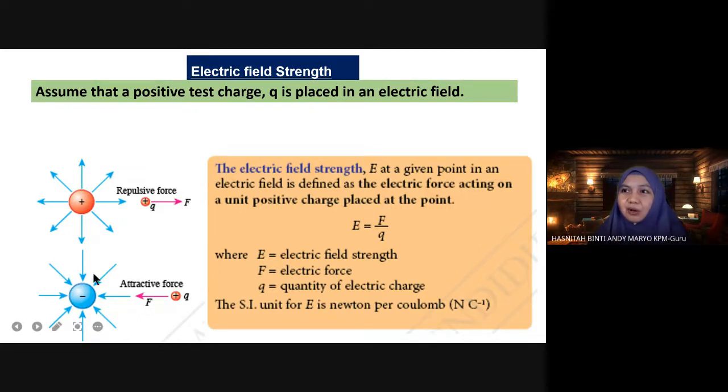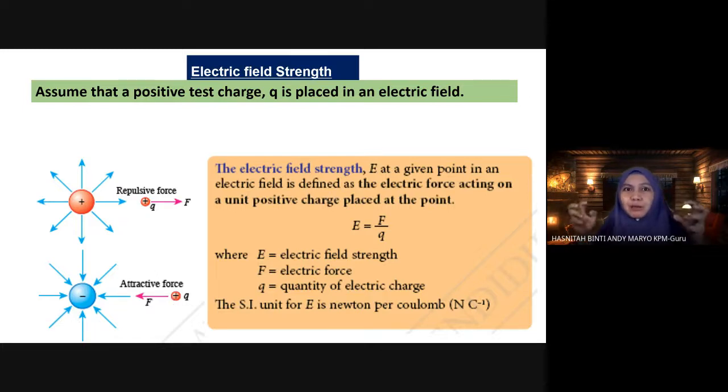If you look at the second figure, now the terminal is negatively charged. We have a negative electrode here, and this is the electric field around the electrode. Then we place a positive charge, that Q. Now they are opposite, negative and positive.